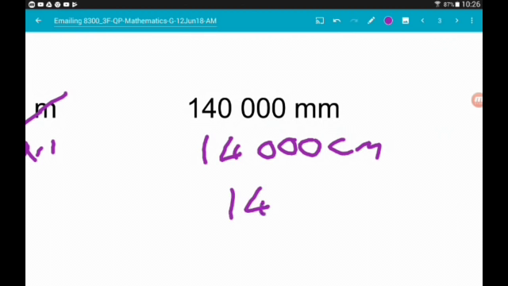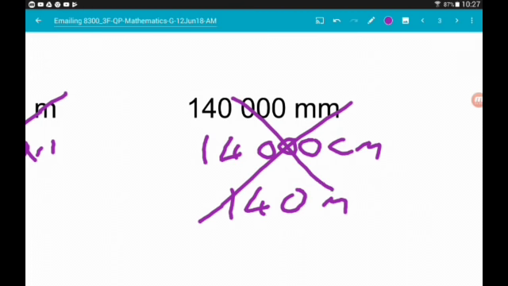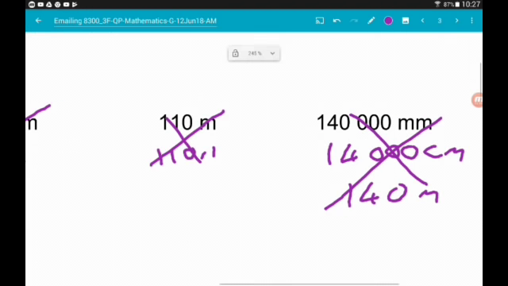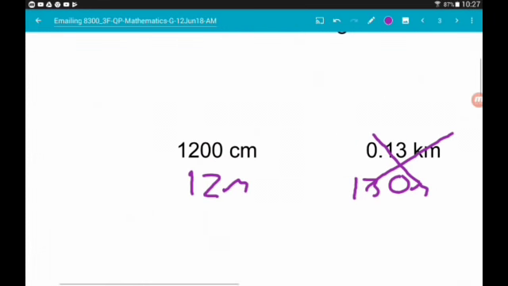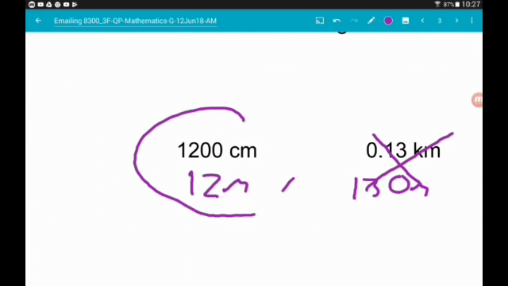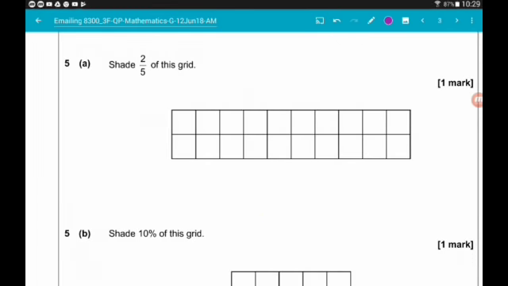So this is 140 metres. Again, that is longer than 12 metres. So this first one is the winner.